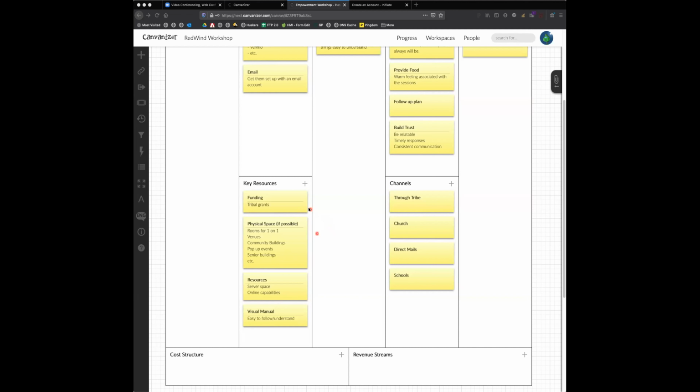But utilizing some of the community buildings that are through the tribe as well, that are in different locations that kind of hit our service area. And then resources as well would be online capabilities, technology, internet access, and then a visual manual, something that's easy for them to follow and understand that they can refer back to. So that's what we got.